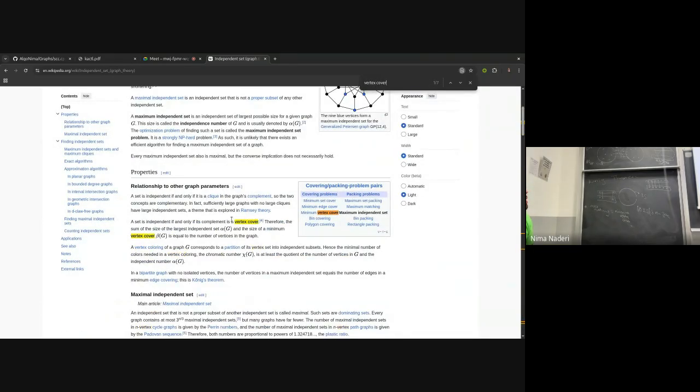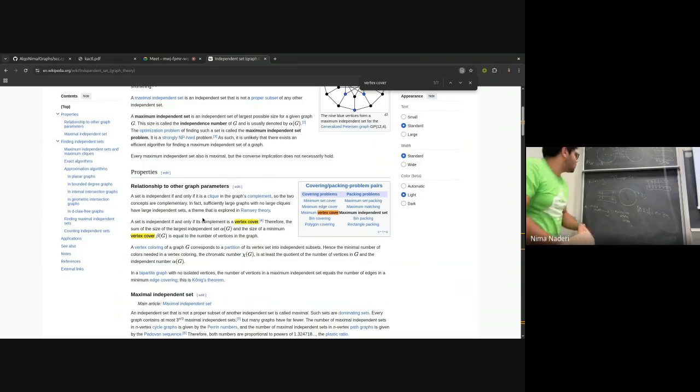Oh, okay. So no, its complement is the vertex cover, so it's not the maximum. If its complement is a vertex cover, this is an equality, if and only if its complement is a vertex cover. Doesn't make sense to me, actually.